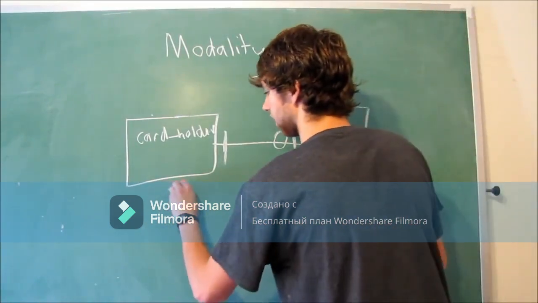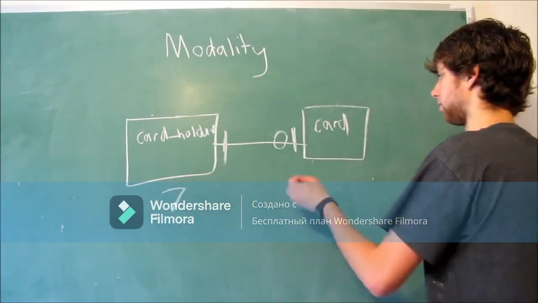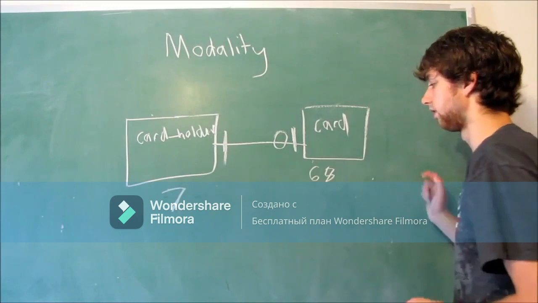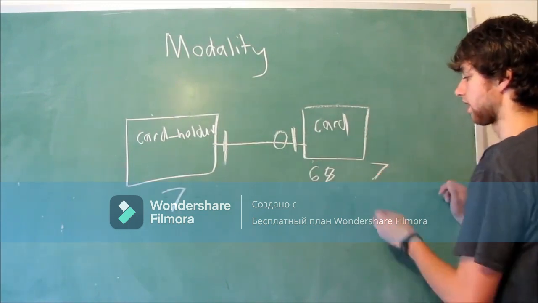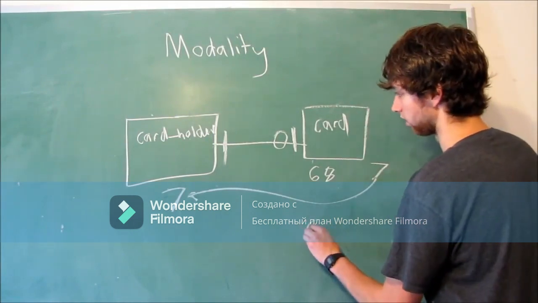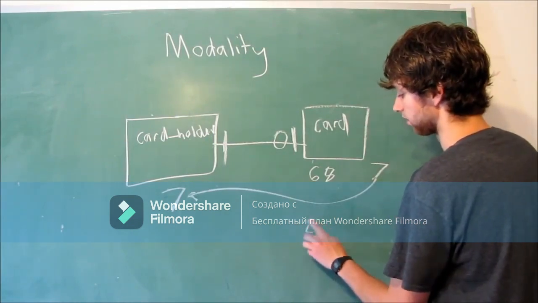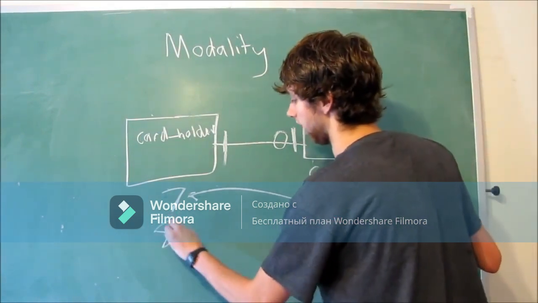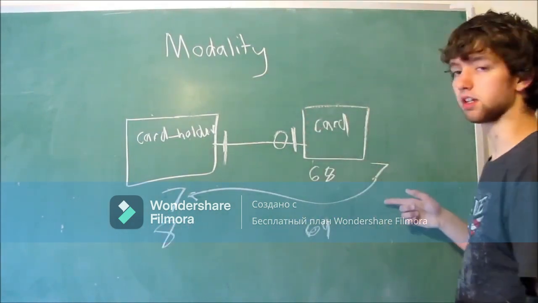So we have a card holder with the ID of 7, and then we have a card with the ID of 68, owned by the card holder 7. So that points back, and that's acceptable. We could also have a card 69, and we could have a person 8, and we could say, oh, it doesn't have an owner.